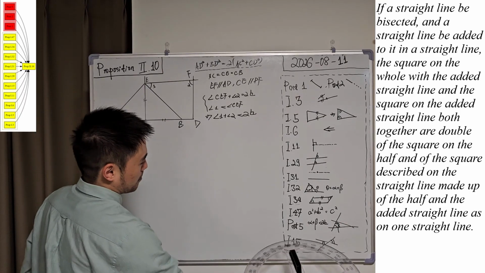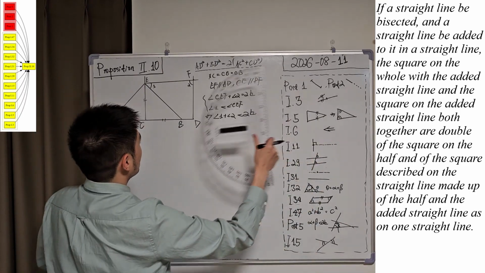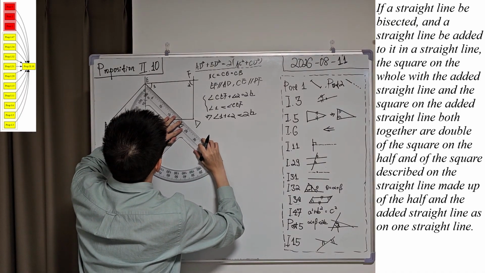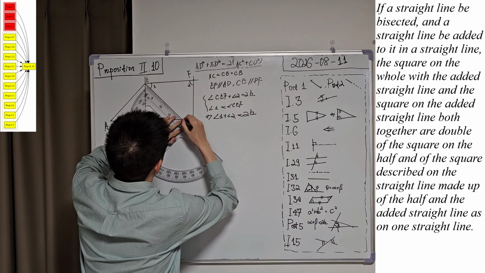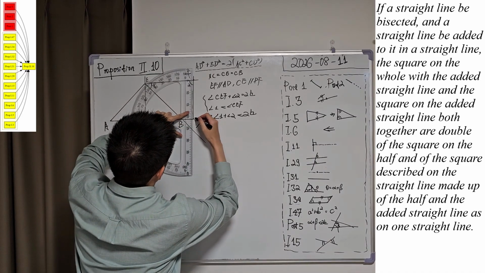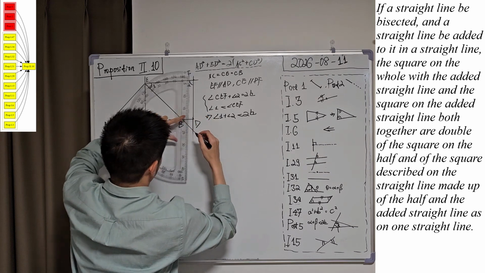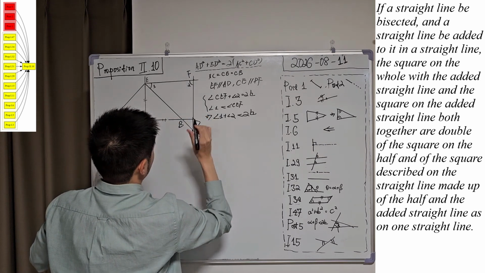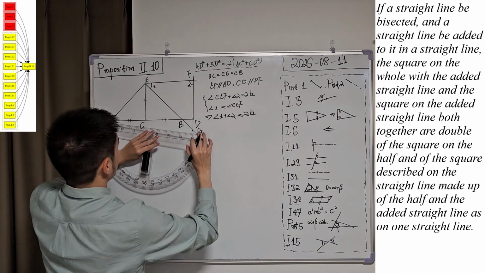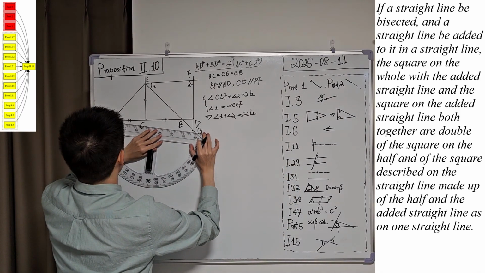So let us apply postulate 2 to produce EB and FD respectively, and let's assume they meet each other at the point G, okay? So this is G. And then let's use postulate 1 again to join AG.